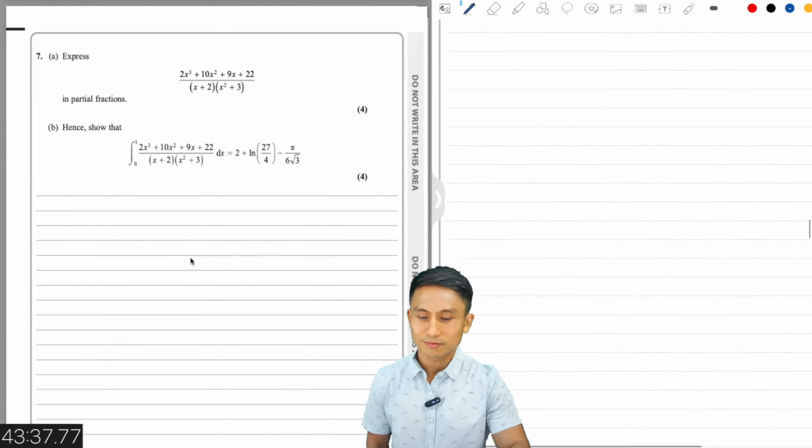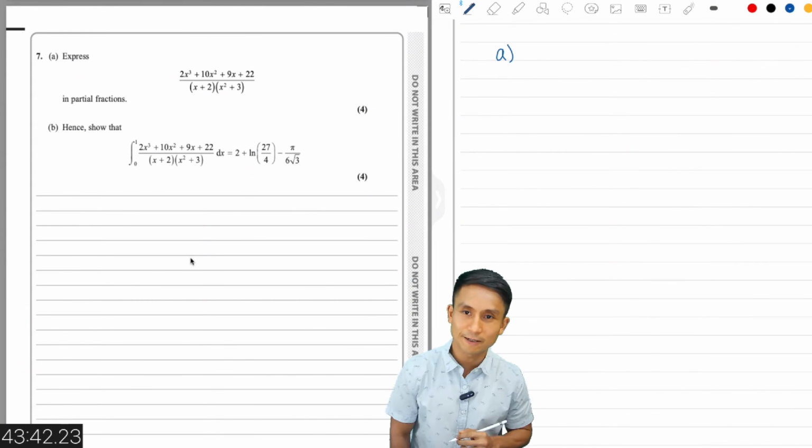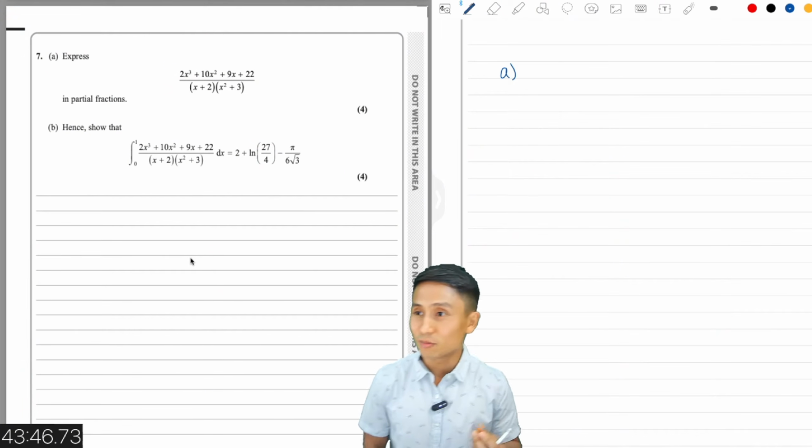Let's express that in partial fractions first, part A. Well, this is partial fractions where you have some weird denominator.